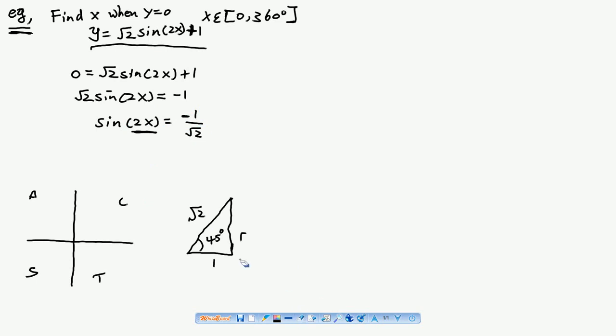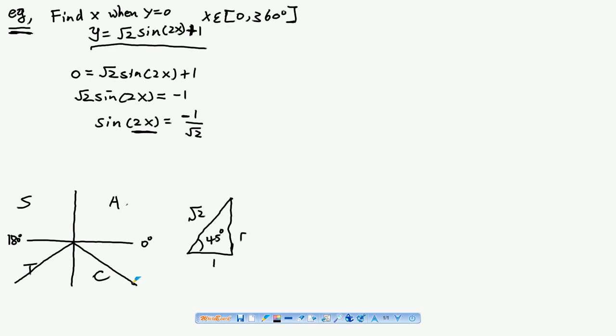Sorry, I labeled it wrong. Our answer should not be in the first quadrant or the second quadrant, because sine of any angle in the first and second quadrant is a positive value, and we have a negative value here, so our answer is there and there.